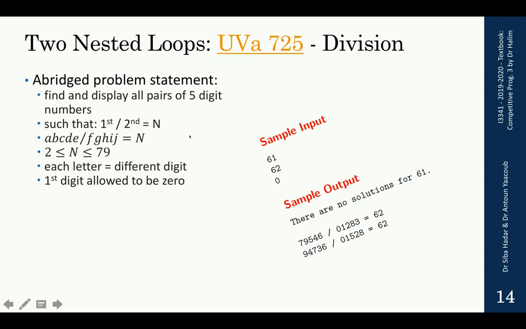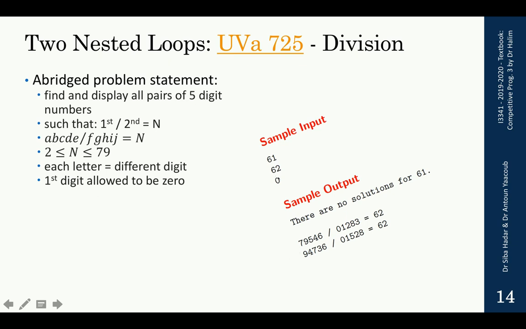They also give us sample inputs and outputs: two inputs, and the 0 is for termination. For n equals 61, there are no such two numbers whose division is equal to 61 with unique digits, so we have to display that there are no solutions for 61, and a line separation.